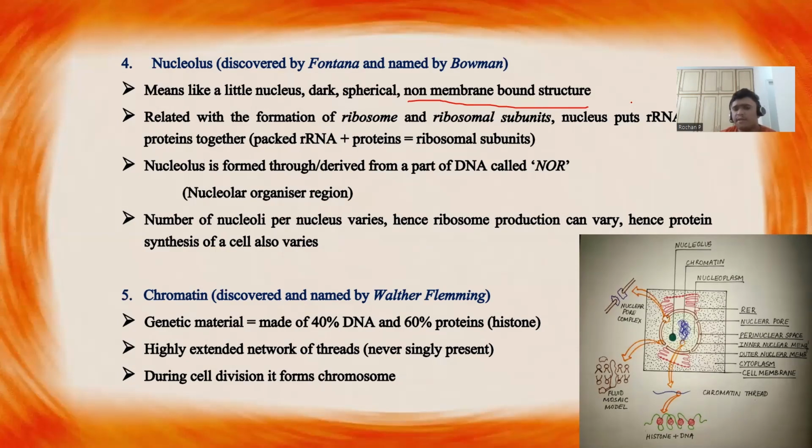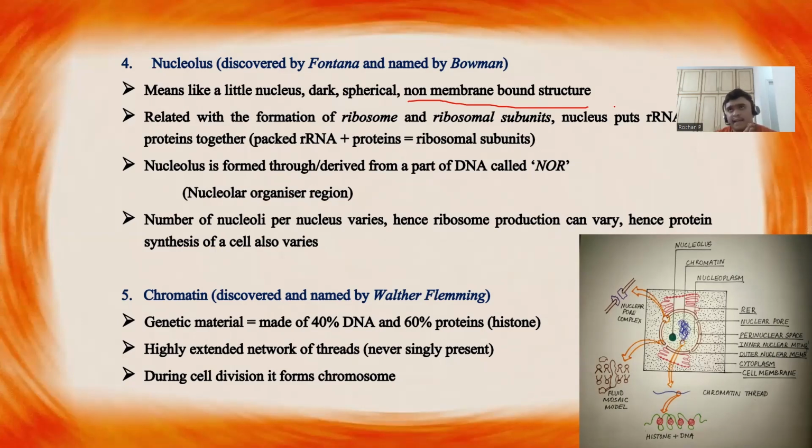So what is it going to do? What is the function of the nucleolus? It is related with the formation of ribosomes and ribosomal subunits. We all know ribosome: the function of ribosome is protein synthesis. Similarly, ribosomal subunits are nothing but one RNA plus proteins put together to give one ribosomal subunit.